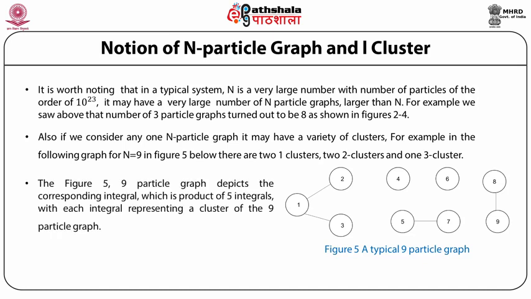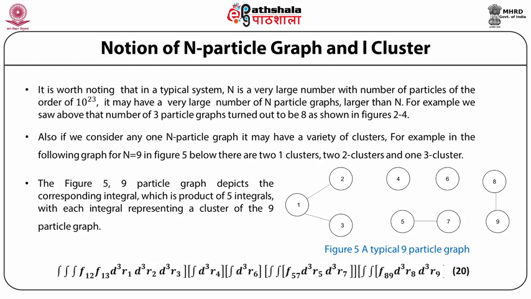The figure 5 9-particle graph depicts the corresponding integral, which is a product of 5 integrals with each integral representing a cluster of the 9-particle graph. It can be seen as a triple integral of f12 f13 over r1, r2 and r3, a single integral over r4, again a single integral over r6, multiplied by a double integral f57 over r5 and r7, multiplied by a double integral of f89 over r8 and r9.